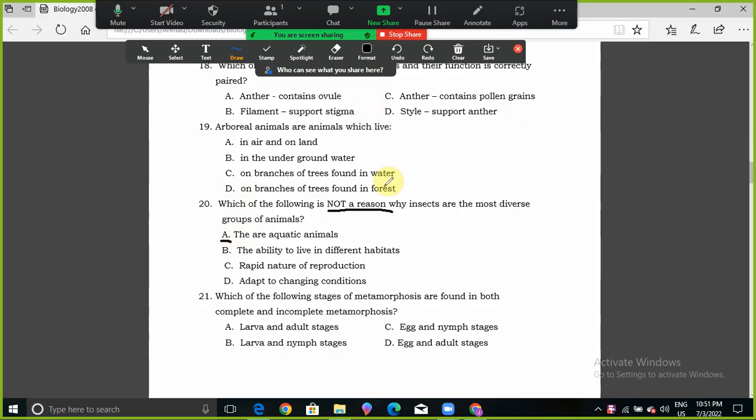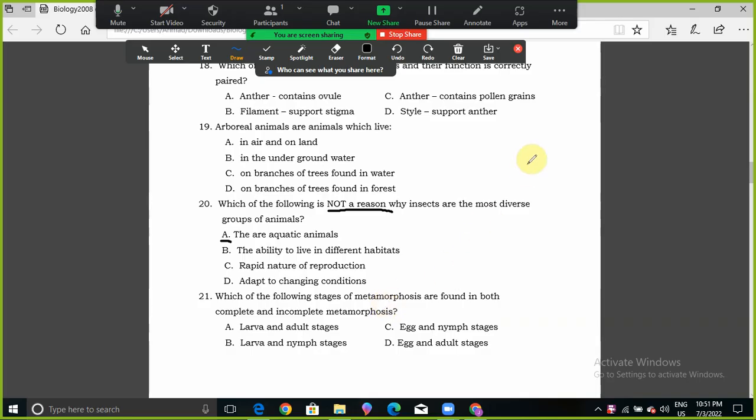Now, question number 21 says, which of the following stages of metamorphosis are found in both complete and incomplete metamorphosis? Larva and adult stages, larva and nymph stages, egg and nymph stages, or egg and adult stages? First of all, how many stages are there in complete and incomplete metamorphosis?